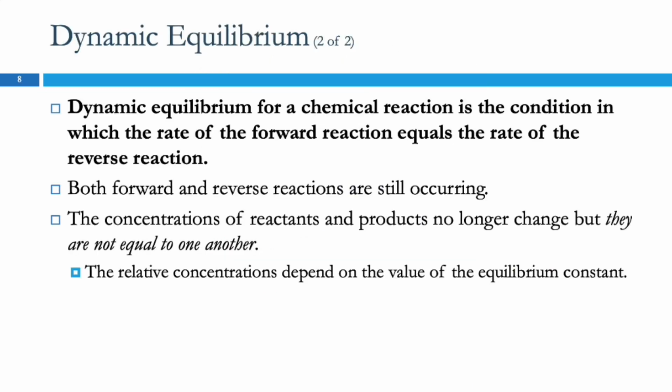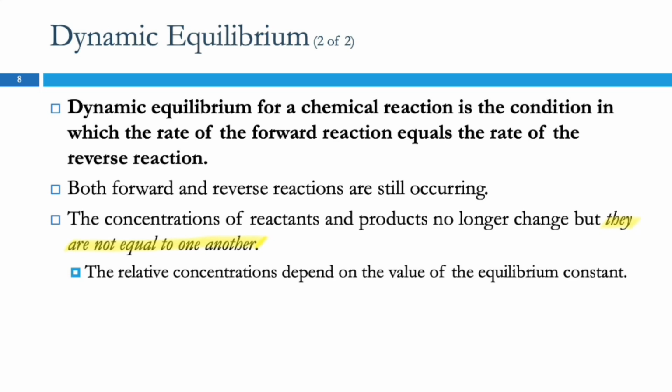So dynamic equilibrium is the condition in which the rate of the forward reaction equals the rate of the reverse reaction. They're both still occurring. The concentrations of reactants and products aren't changing anymore, but this is important. They are also not equal to each other. A dynamic equilibrium does not mean that this reaction is balanced at the halfway point.